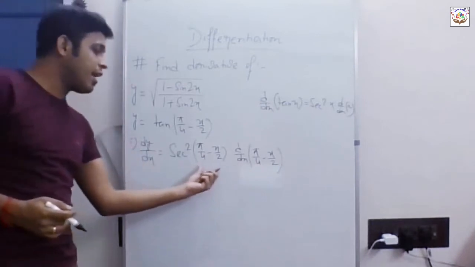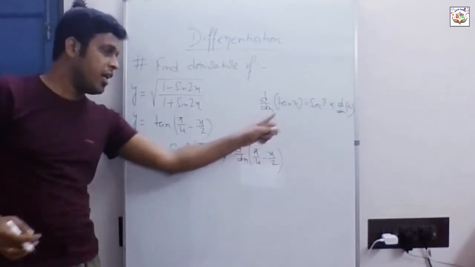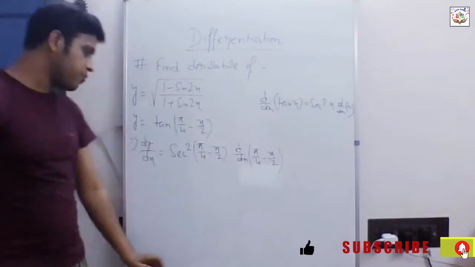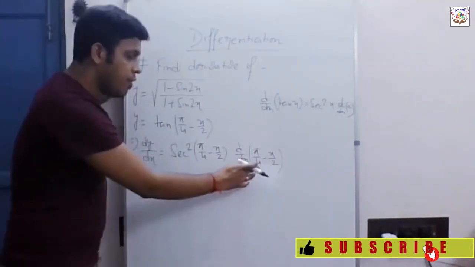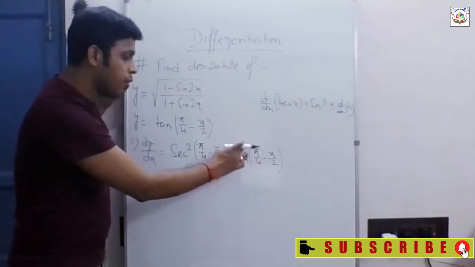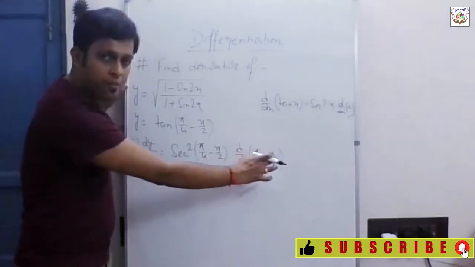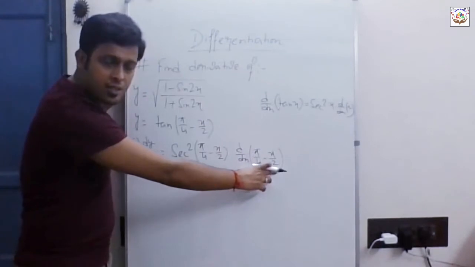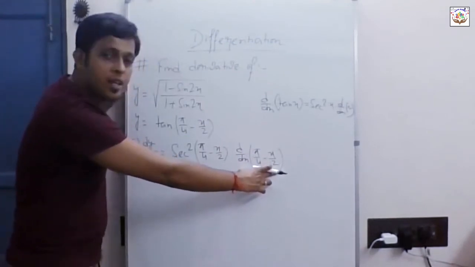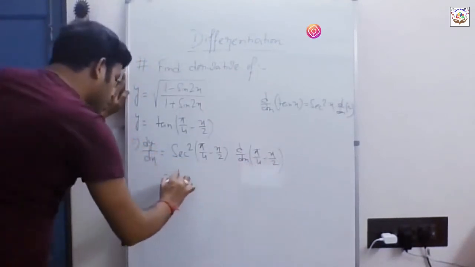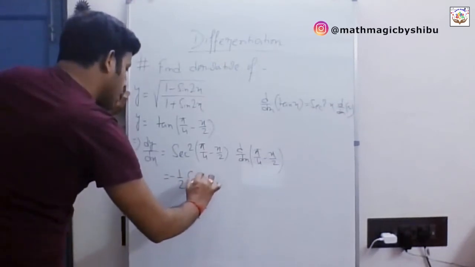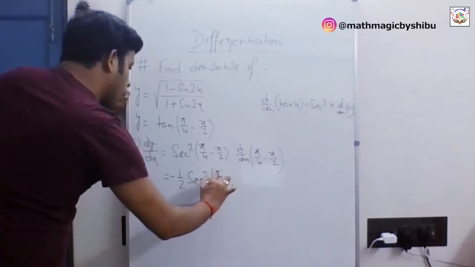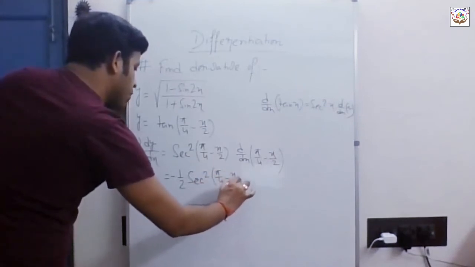Okay, now the angle is pi/4 minus x/2. Here the angle is x. So we just need to simplify our answer. Pi/4 is a constant term and we have d/dx of minus half x. So we will get minus half from this portion after the differentiation, and we have sec square (pi/4 minus x/2).